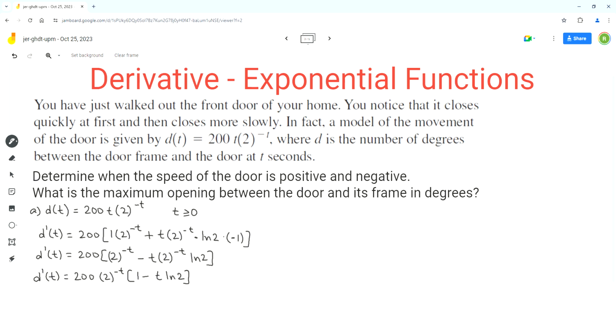Now we can set the derivative equal to 0 to find the t values at which the tangent is horizontal, because we have to find the critical points at which the derivative is equal to 0.